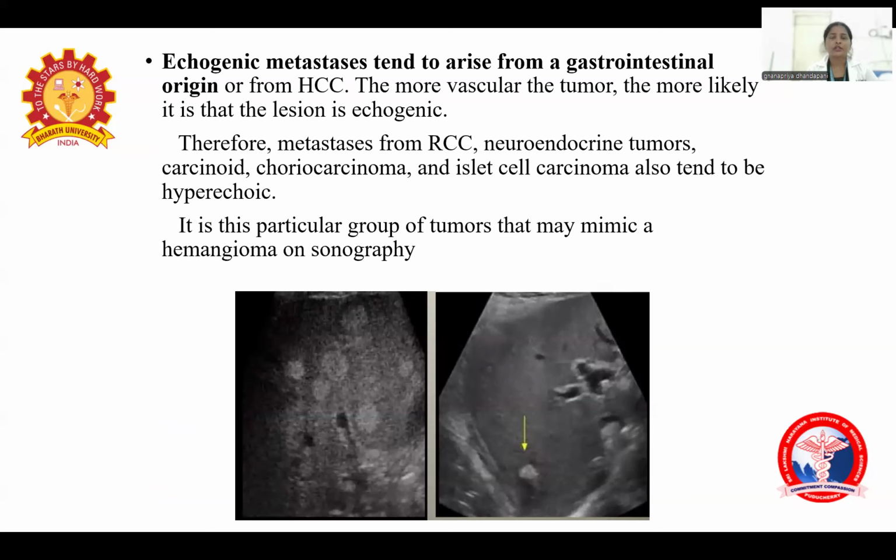The more vascular the tumor is, the more likely that the lesion is going to be echogenic. Therefore, mets from RCC, neuroendocrine tumors, carcinoid, choriocarcinoma or islet cell carcinoma, which are all hypervascular tumors, also tend to have hyperechoic metastasis. This group of tumors may also mimic hemangioma on sonography.